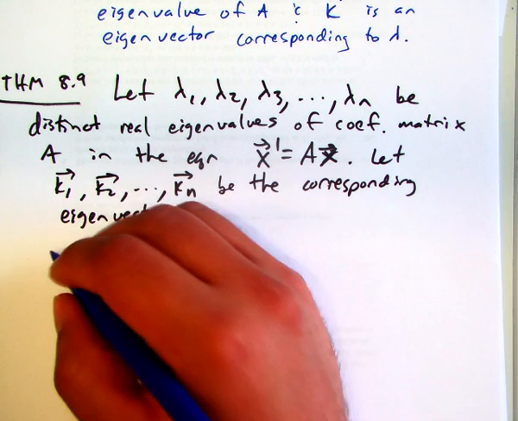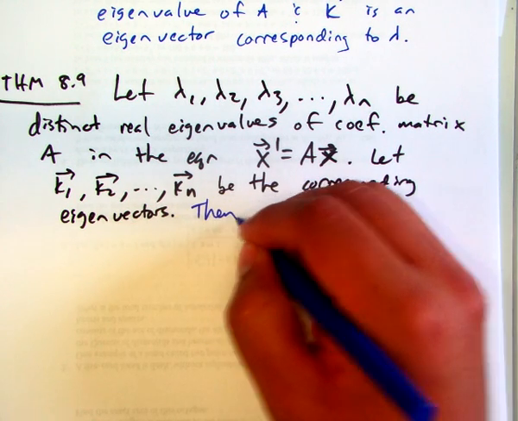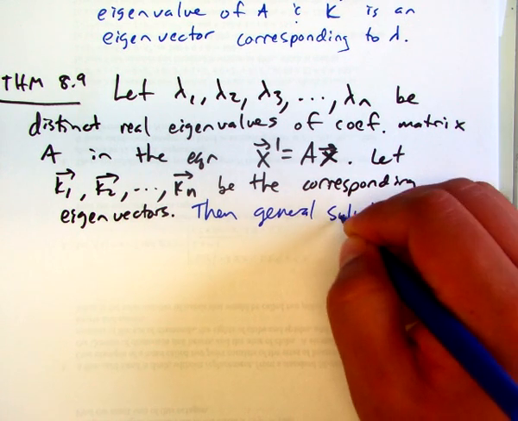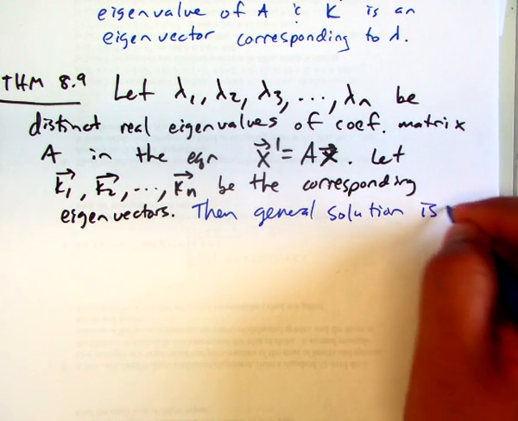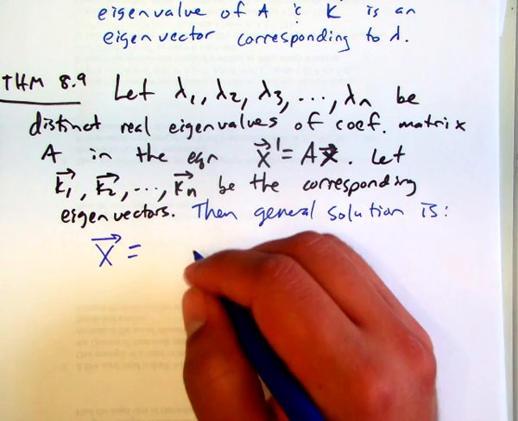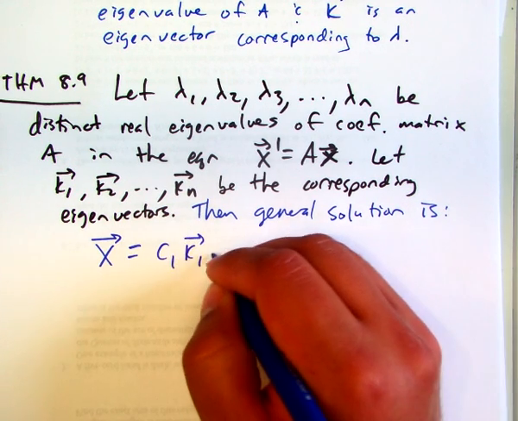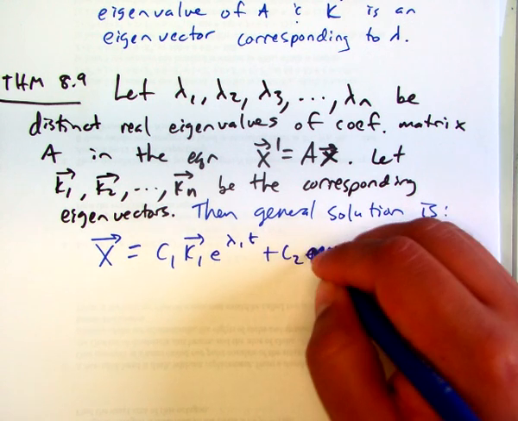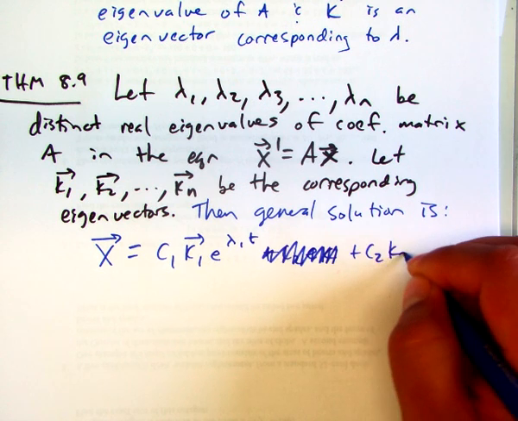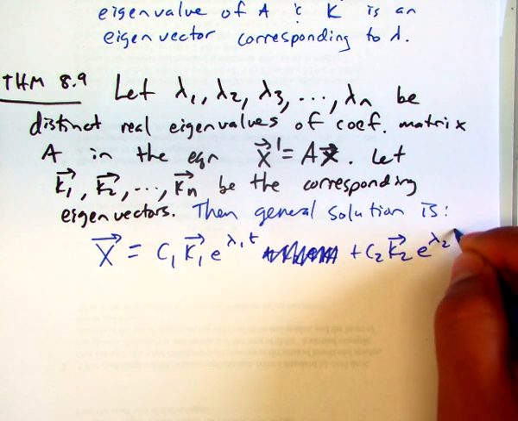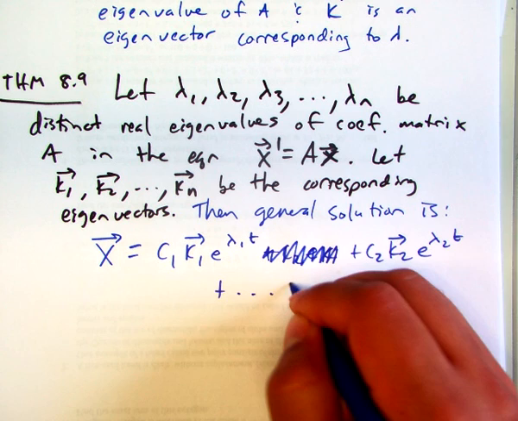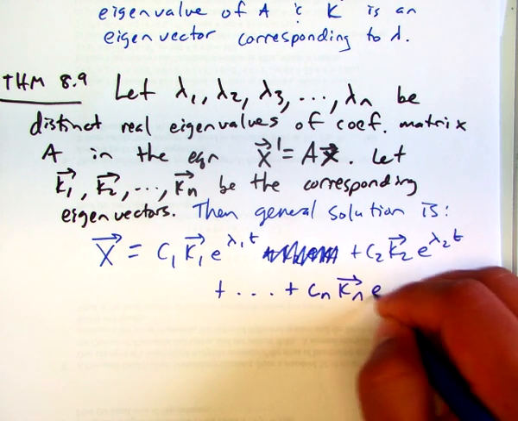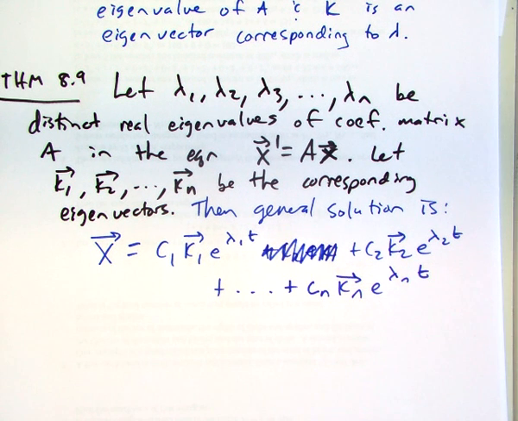Then the general solution, now that we know what they're going to look like, using the superposition principle, will be c1 k1 e to the lambda 1 t plus c2 k2 e to the lambda 2 t, and so on, down to c sub n, k sub n, e to the lambda sub n t.